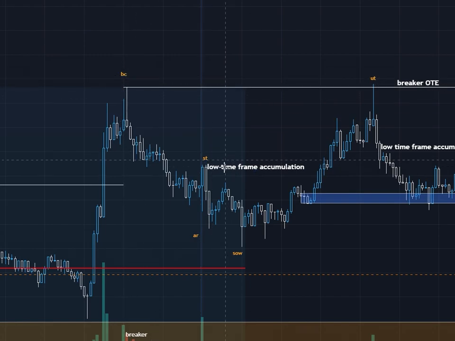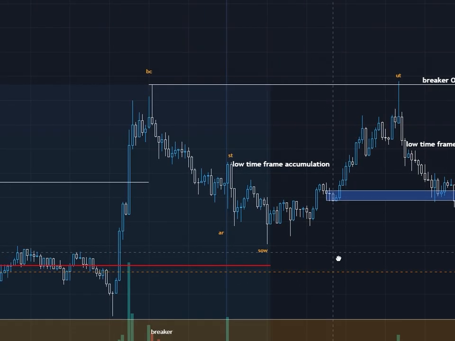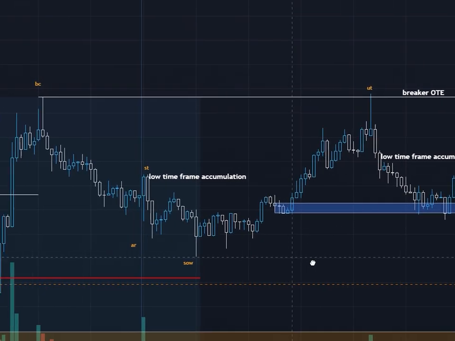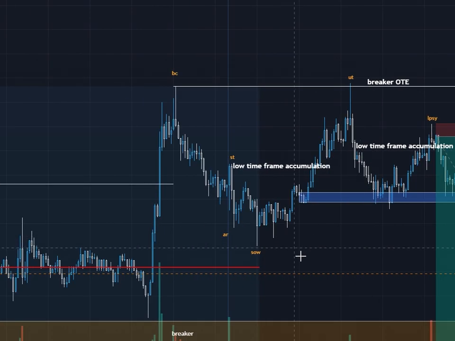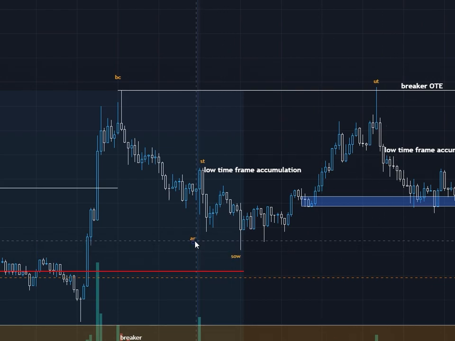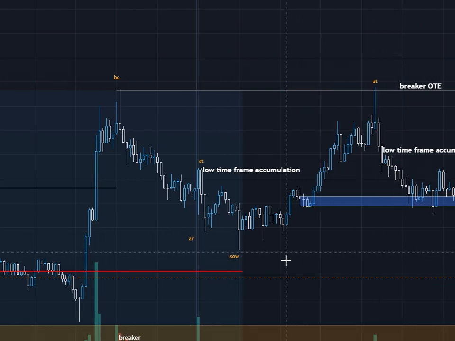This isn't the most beautiful looking distribution pattern, but it does do the job, because as I explained earlier, Wyckoff is just a schematic for interpreting how institutions are reacting to the market and what the order flow is. So the automatic rally could be here, ST could be here.